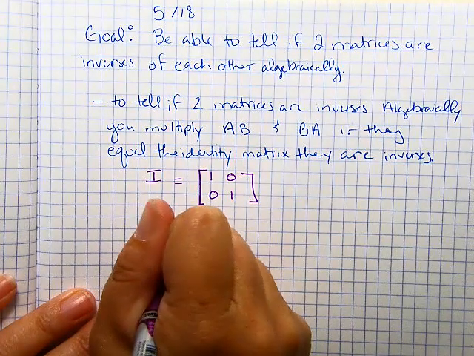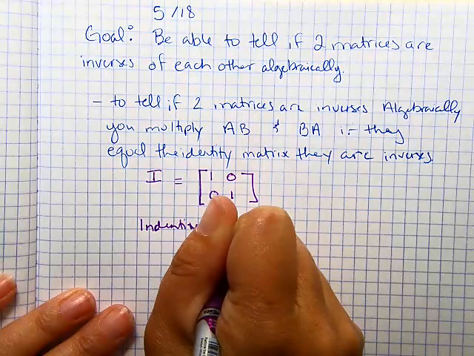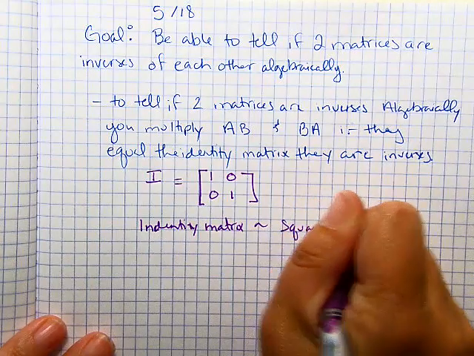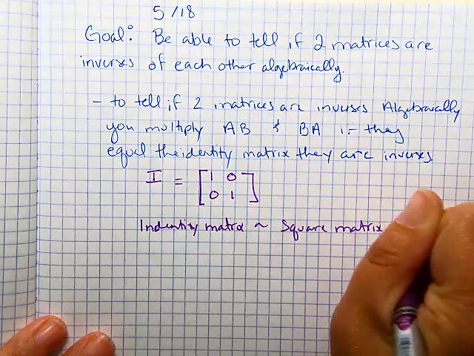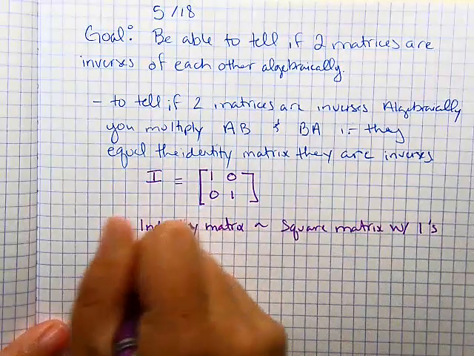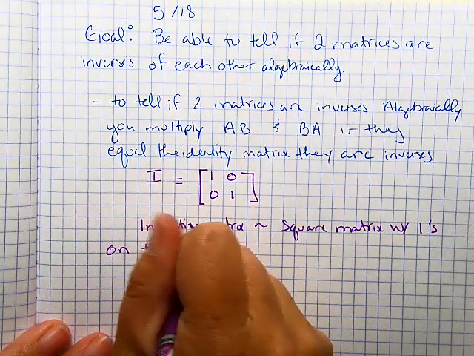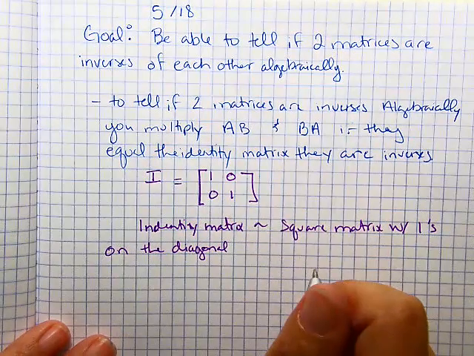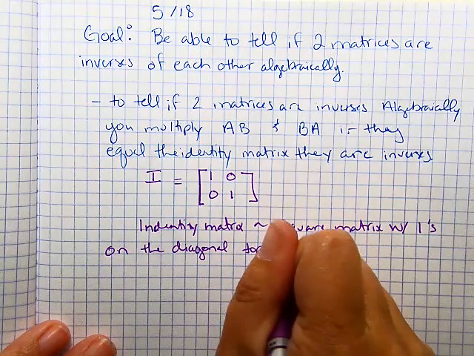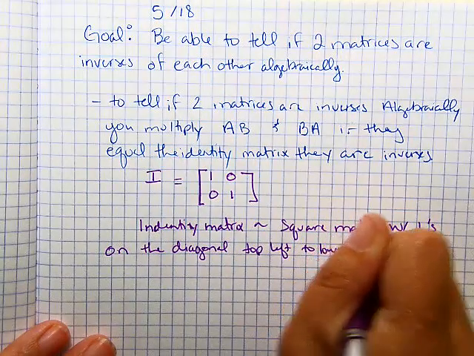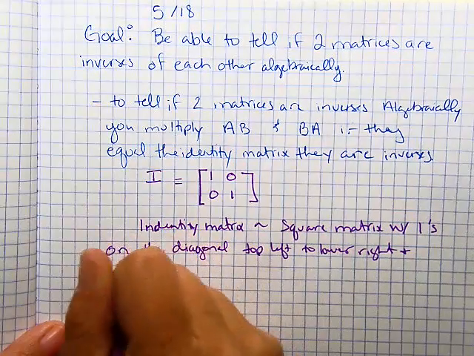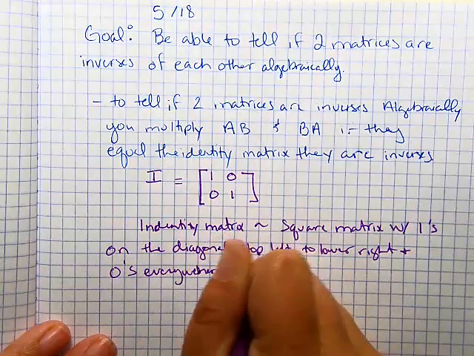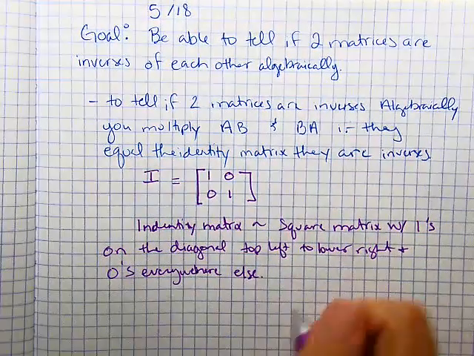So the identity matrix is just what I said, a square matrix with ones on the diagonal, top left to lower right, and zeros everywhere else.